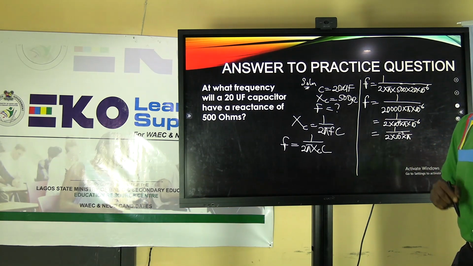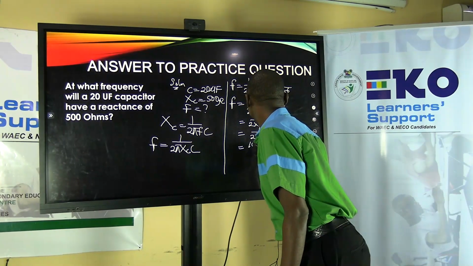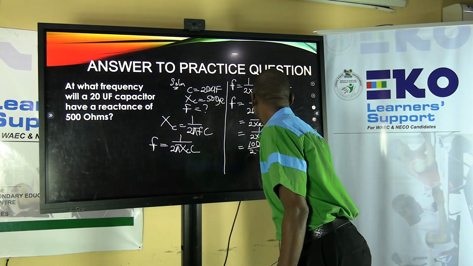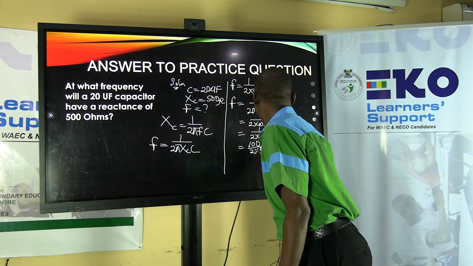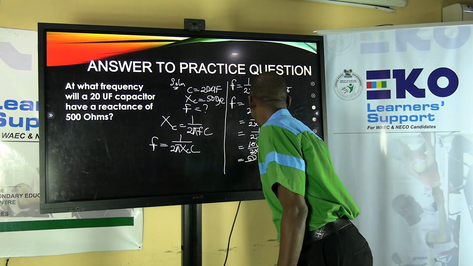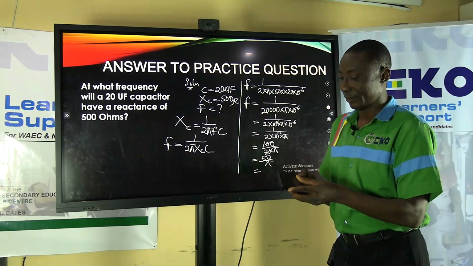I'll bring this one up, it will give me 100. So I have 100 over 2 times pi, so I have 50 over pi.